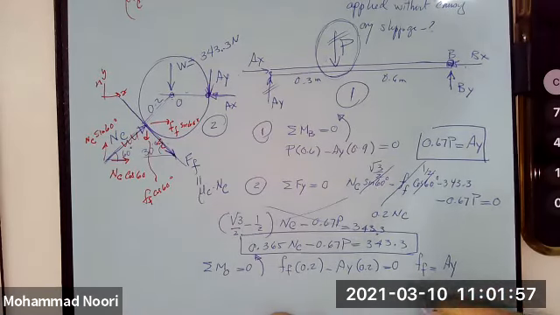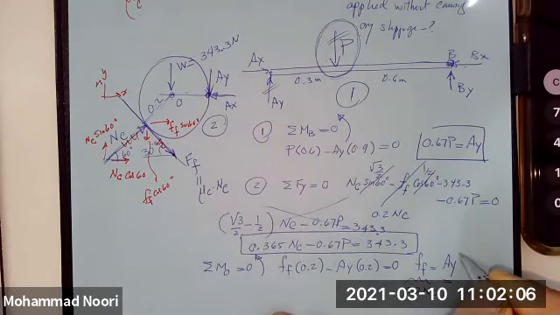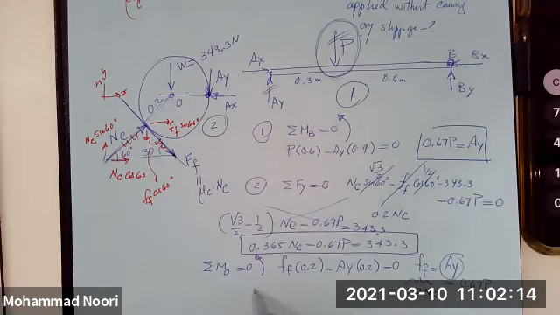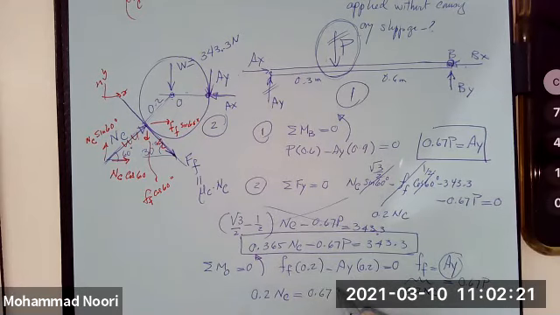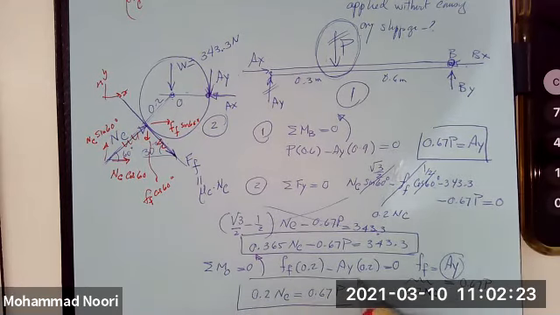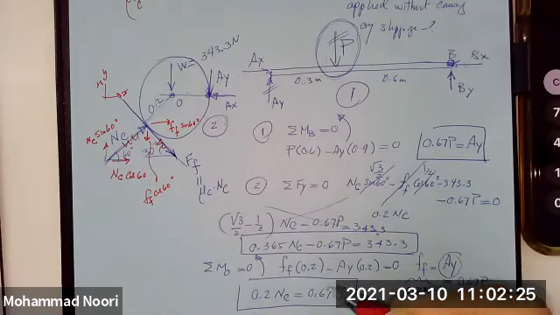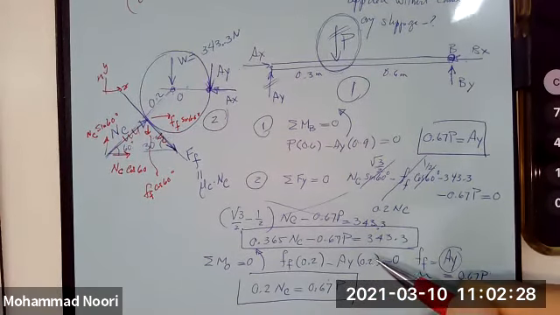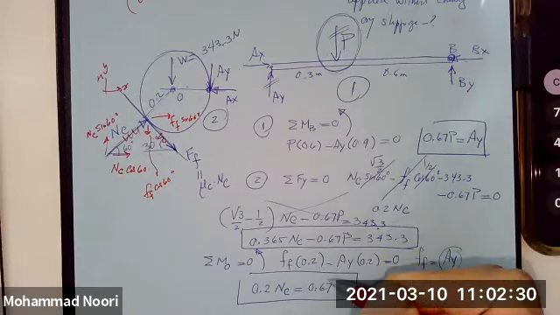This is 0.2 N sub C, okay, is equal to, A sub Y was 0.67 P. So I get 0.2 N sub C is equal to 0.767 P. Okay, I have two equations, two unknowns. I can solve for P, which is all I need.